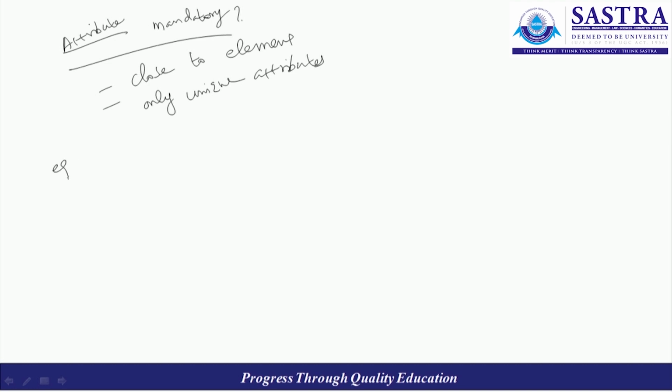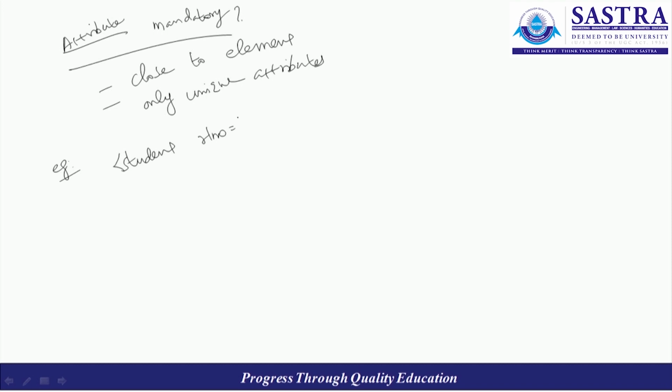Say for example, I have a student, roll number. You can give it all in capital letters, all in small letters, or sentence case. It is our choice, but we have to follow some uniformity. We have created all the attributes in lower case.